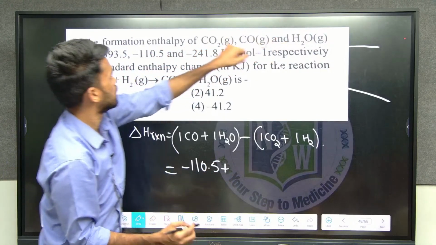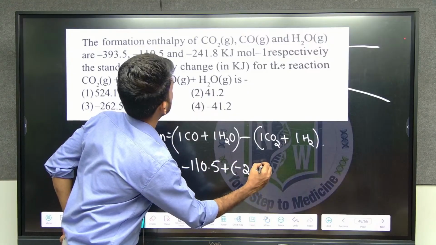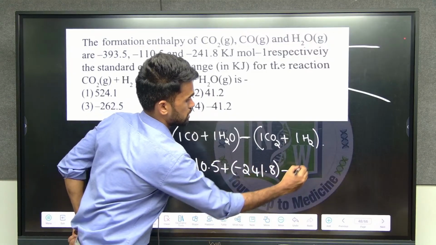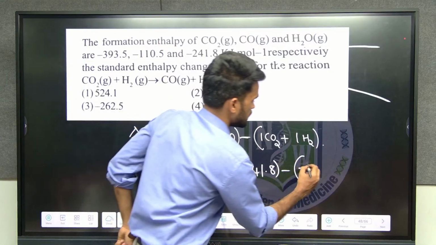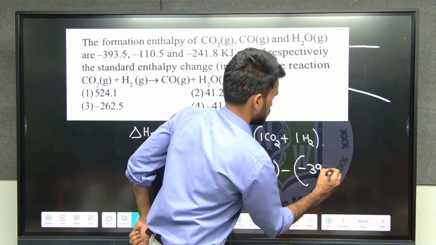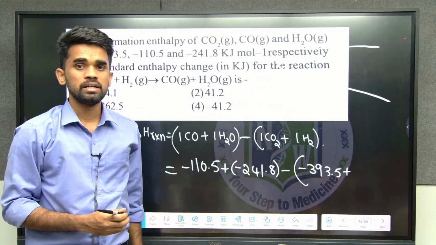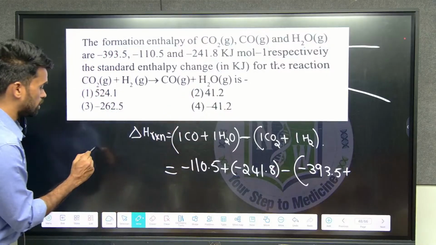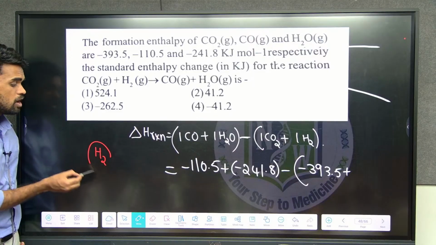The third value here, minus 2, for H2O. CO2, how much? First value, minus 393.5. And what about H2, they haven't provided? The standard enthalpy of any molecule in its stable form, like in nature how does hydrogen exist?